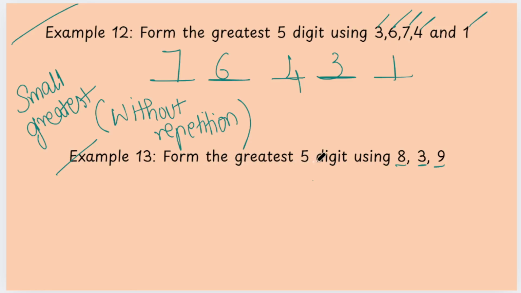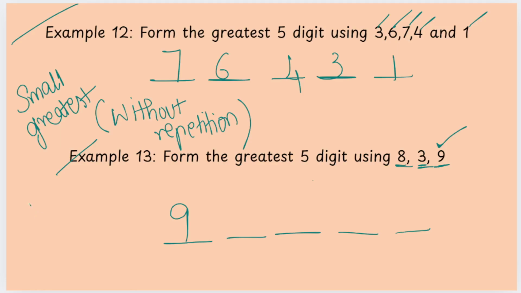Okay. Example 13. Form the greatest 5-digit number using 8, 3, 9. What we have been asked is to find the 5-digit number, which should be the greatest. Okay. So which is the greatest among these? 9. But they have given only 3 digits, and I have to find out 5 digits.